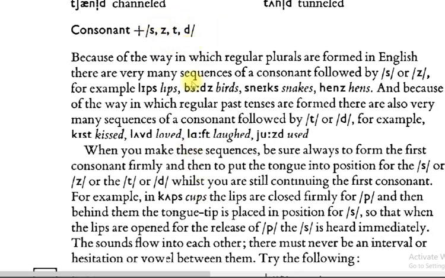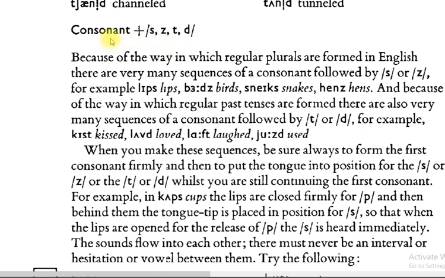Before going through the whole text, I will tell you that if you guessed that this s and z exemplify the s plural and this t and d exemplify the ed past tense, you are right.